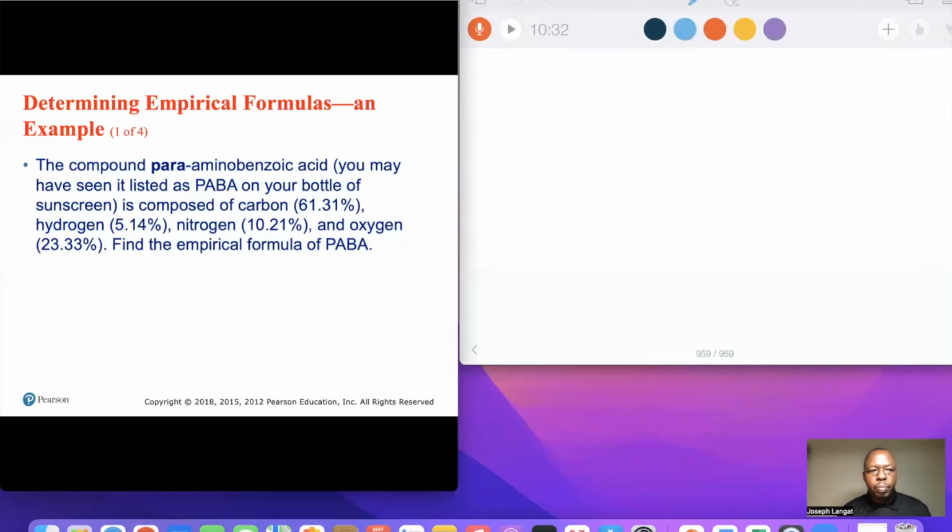61.31% carbon. Hydrogen is 5.14%, nitrogen 10.2%. These represent grams, so forget about the percent.